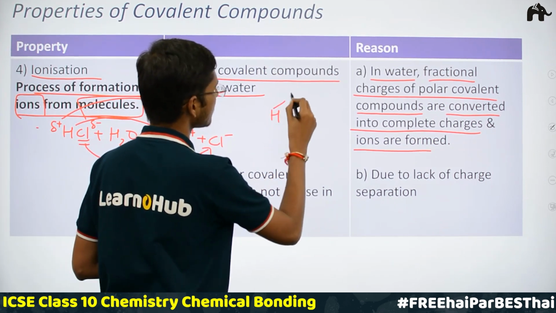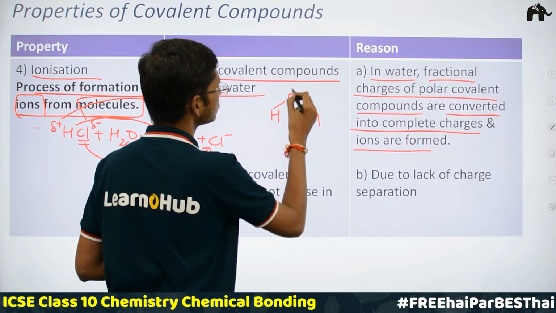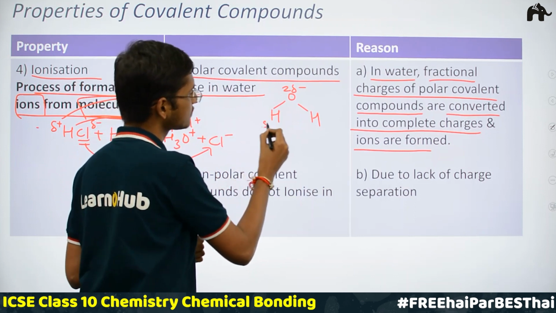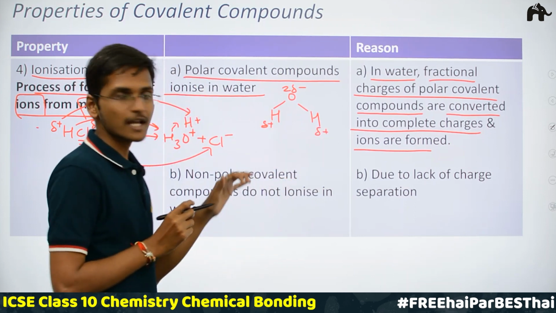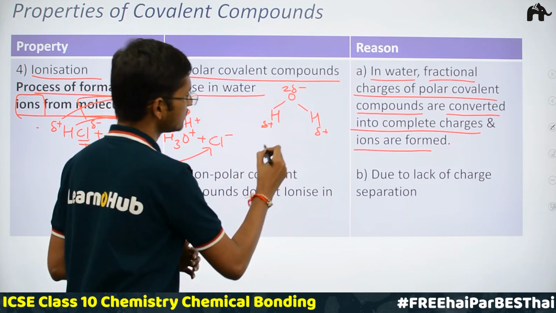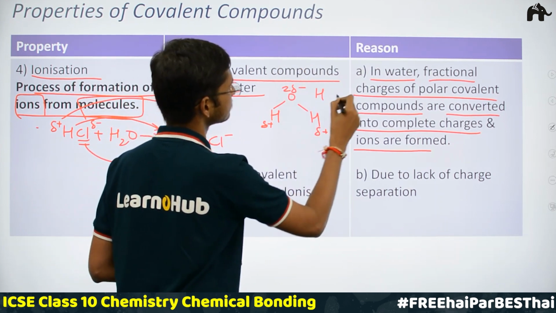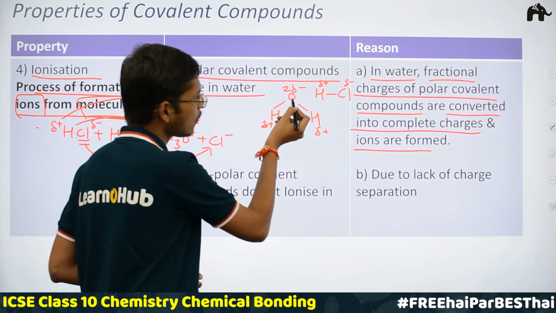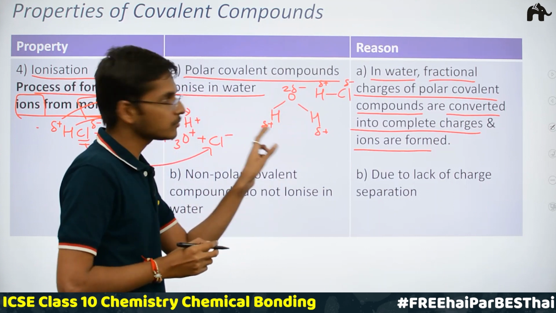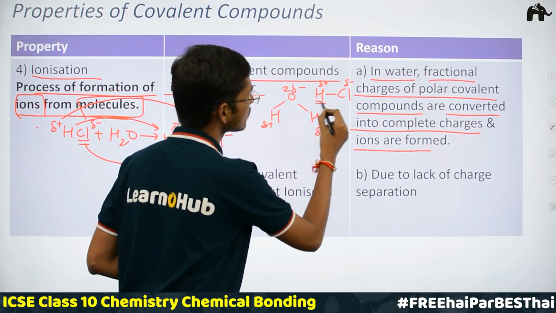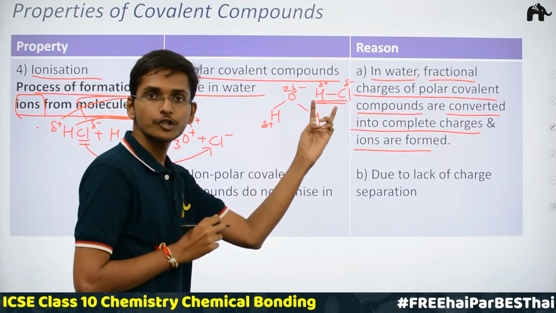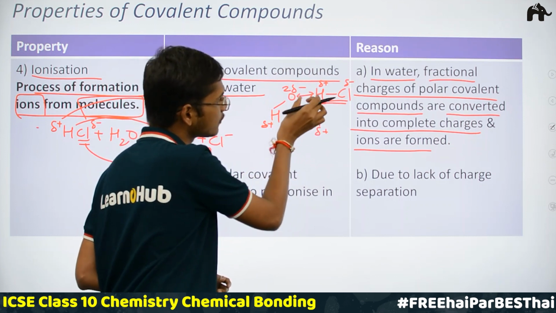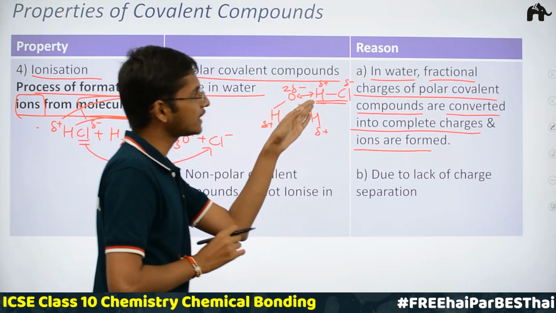See, water has a structure like this. We know it has two slight negative charges and slight positive charges. Now what is happening? The polar covalent compound, which in this case is HCl, has a slight positive charge on one end and a slight negative charge on the other. Now when the oxygen of the water molecule comes close to the HCl molecule, it has some force of attraction with the hydrogen of HCl.